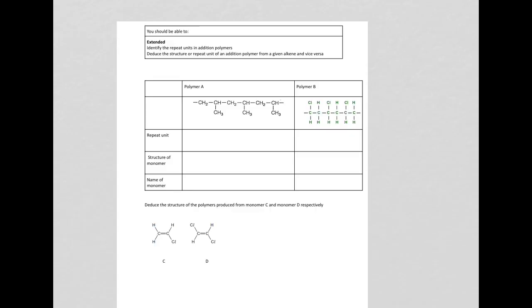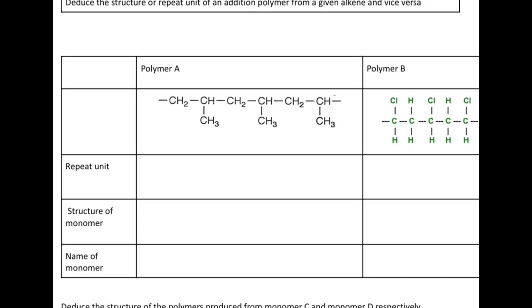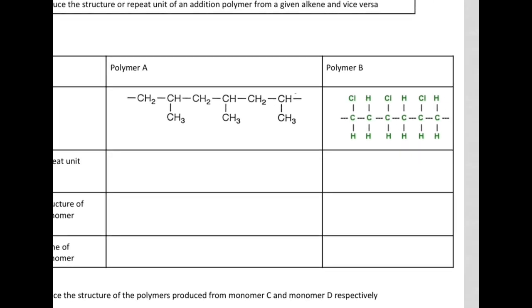Next, we're going to see how we can identify repeat units in addition polymers. So we've seen that addition polymers, these are two examples of addition polymers, where you can see that this spot here keeps on repeating itself. It's very easily identifiable.